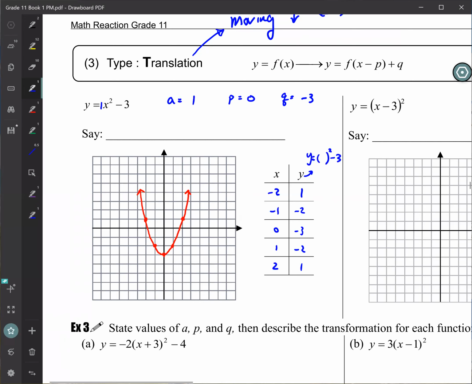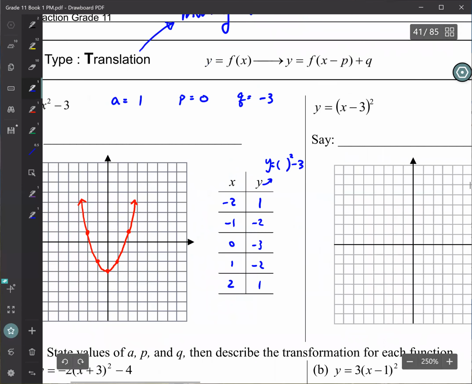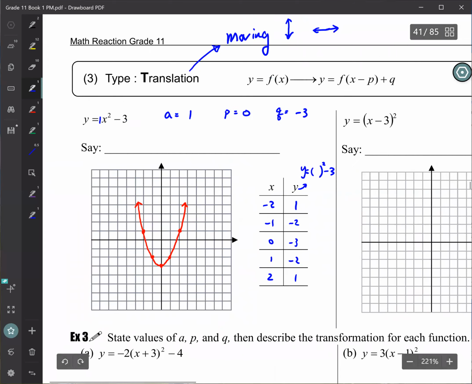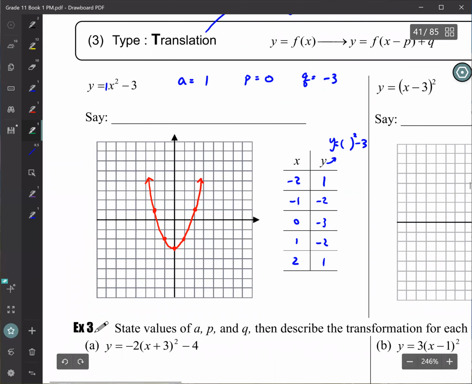Translate by -3. Which way? Up? Is this one higher than the basic one? Let me use the dashed line to show you. The basic one is here, 1, 2, 3, 4, I think it's here. Is it getting higher or lower? Lower.